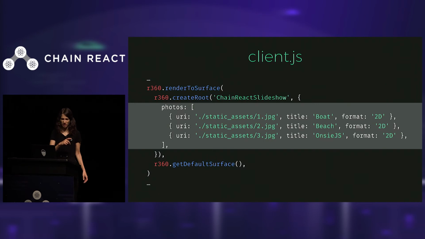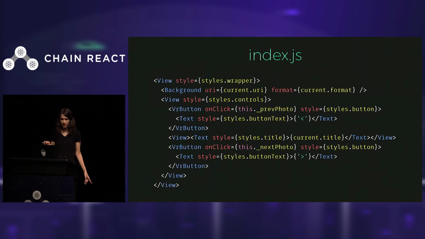And these are the panoramic photos in an equirectangular format, which is specified here as format 2D. And the JSX code within the index.js would look like this. As you can see, we are using two more components, a VR button and a custom background component.